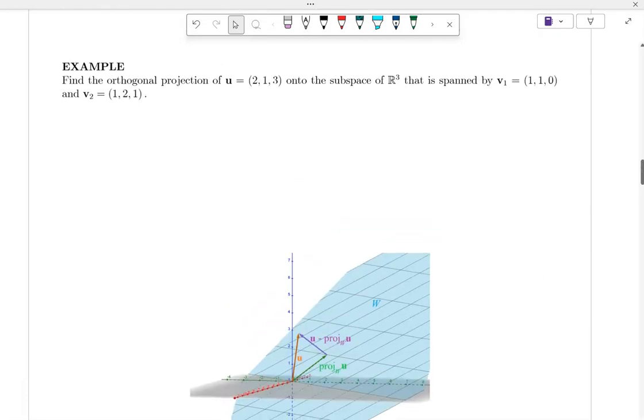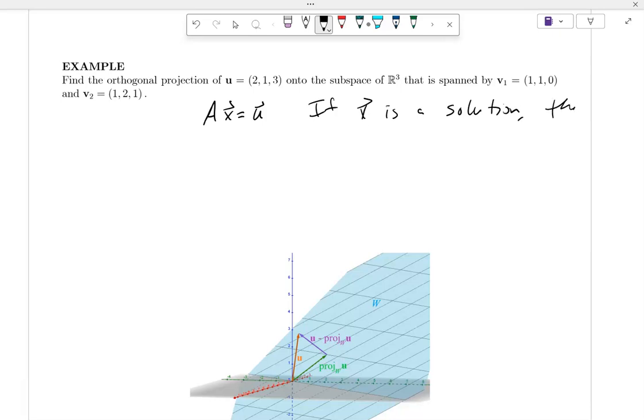Well, let's think about it this way. If I could solve, just thinking generally here, if I thought about trying to solve that particular system, this would mean that if x is a solution, then my u is actually in the column space of A, right?